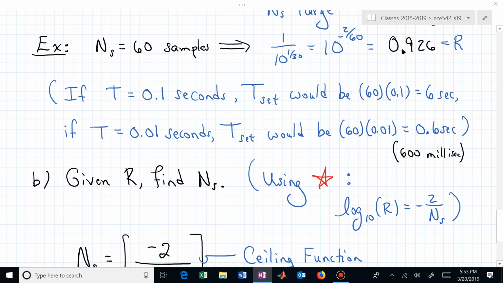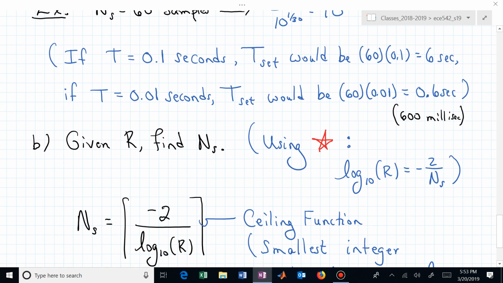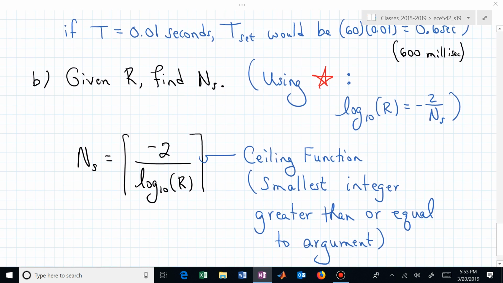Given r, what is n sub s? How many sample periods does it take us to get 1% to where we started? And again, we're using star, which is log base 10. This is equation star: log base 10 of r is minus 2 over n sub s.